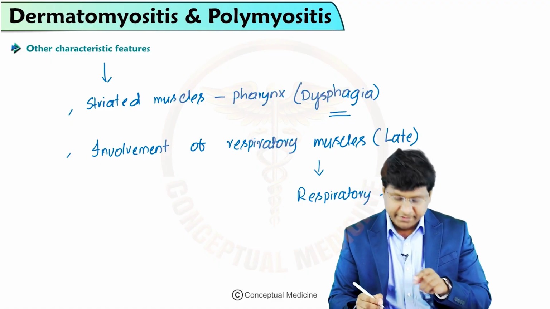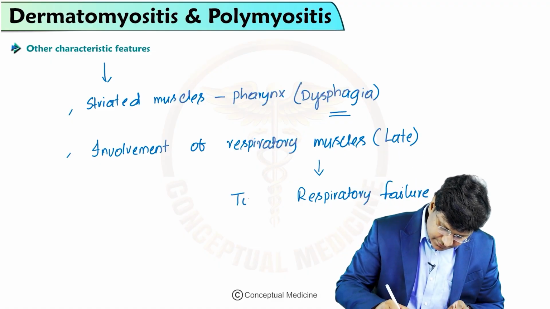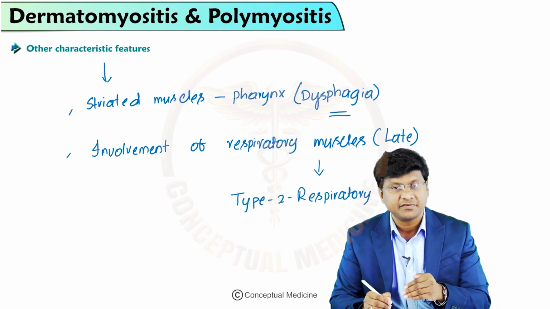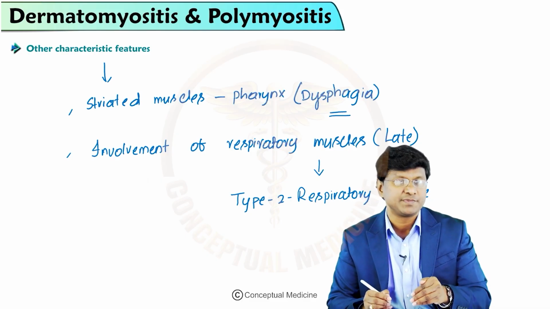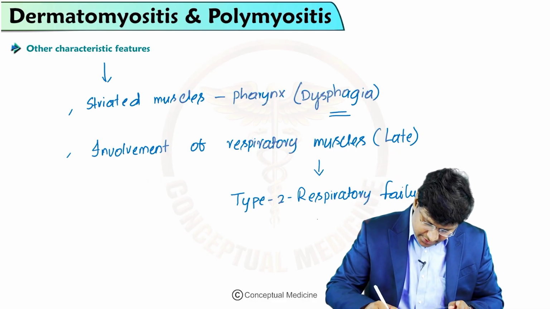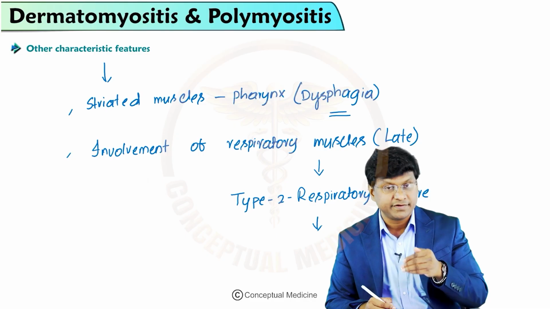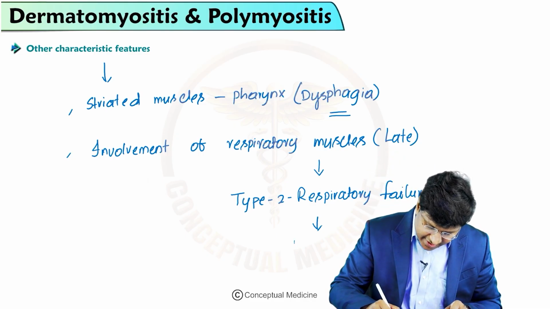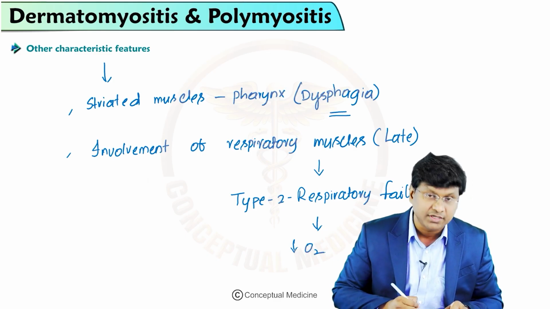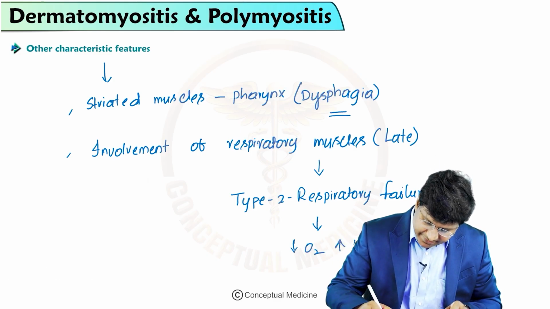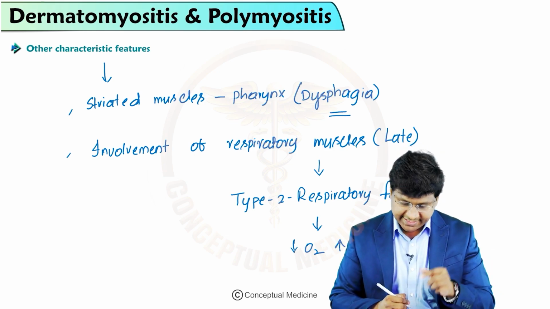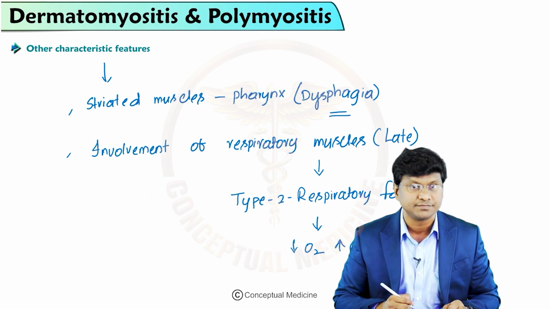And what type of respiratory failure is this? It is type 2 respiratory failure. Because of type 2 respiratory failure, what will be the gaseous abnormalities? They will suffer with hypoxia and hypercapnia, decreased oxygen and increased carbon dioxide. That is your type 2 respiratory failure.